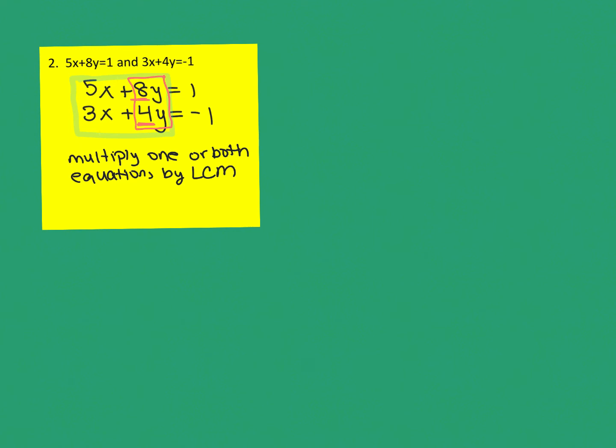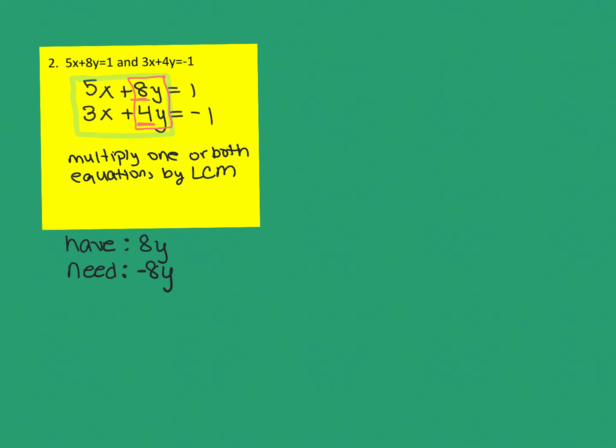So I'm going to just put on the side what I have and what I need. Okay, so I have a positive 8y. I need to add that with a negative 8y so that I can eliminate that variable. And again, I want to do the easy way. So that's why I'm picking my y's.